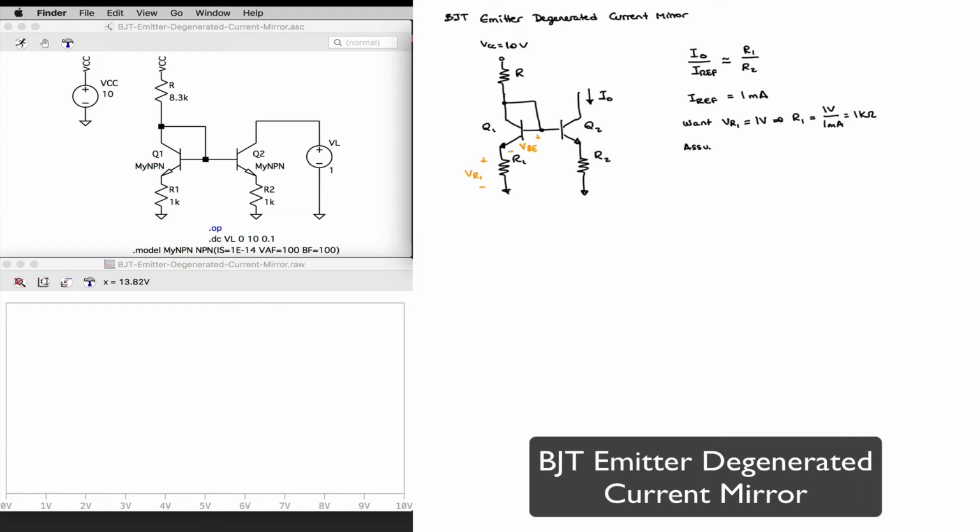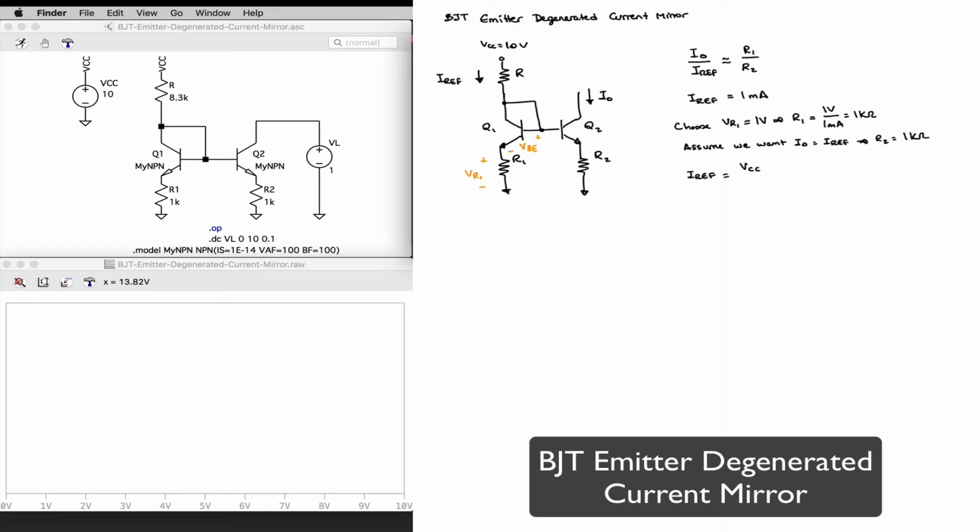And let's assume, instead of want, I'm going to say choose, that we want Iout to be equal to Iref. In that case, R2 will also be equal to 1 kilo ohm. So the resistors will be equal to each other, so that the ratio will be equal to 1.